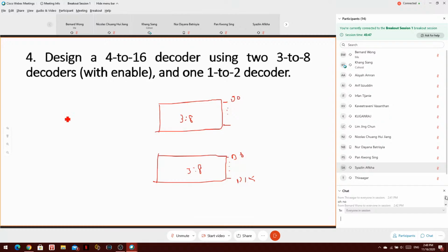Then you should have another decoder here, 1 to 2. Because you are using the enable, this is for the enable line. So for the enable line, you have 2: this is E0 and E1.